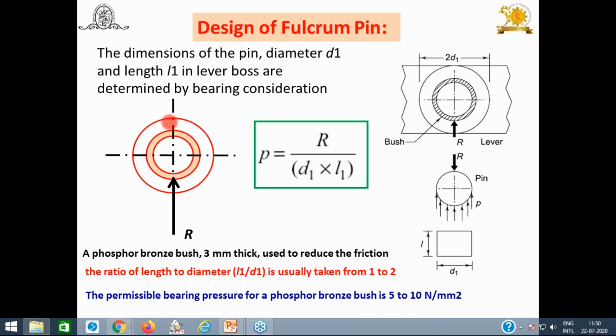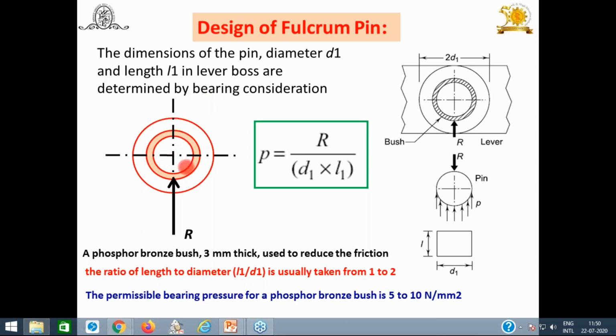Again, this pin is in the frontal plane, so you get a front view. If you observe from the top, you will find we insert the pin, and the boss has some thickness, or the lever also has some thickness. Suppose this is L1, the length of the pin or boss, as per the dimension of the lever.